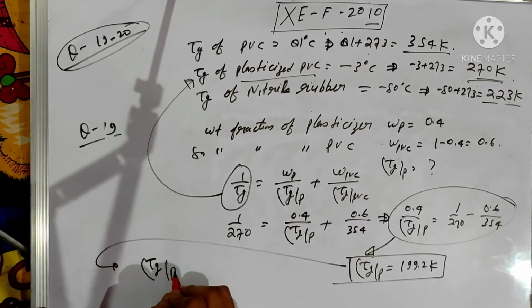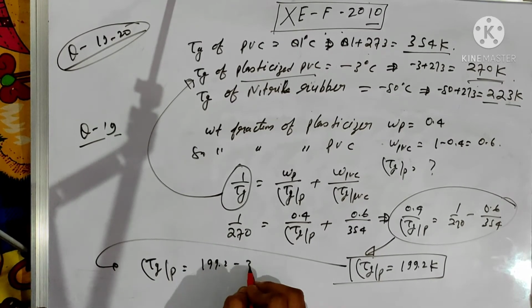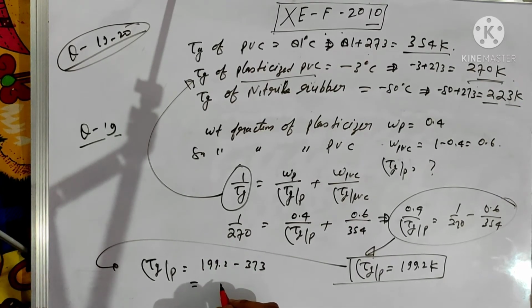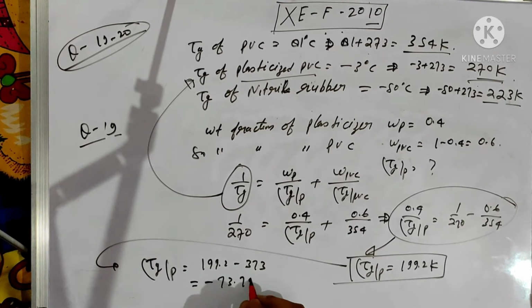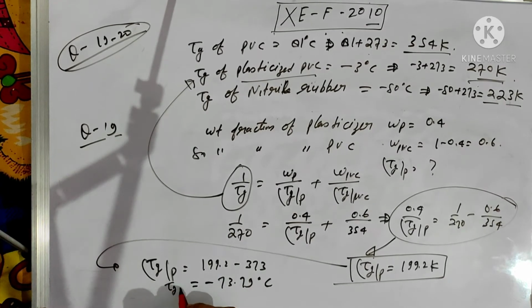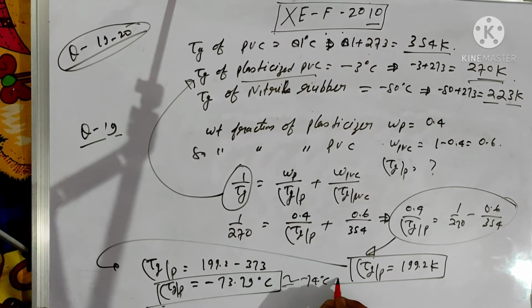Then Tg of the plasticizer is equal to 109.2 minus 373, which is equal to minus 73.79 degrees centigrade. Then the glass transition temperature of the PVC is equal to minus 73.79 degrees centigrade, approximately minus 74 degrees centigrade.